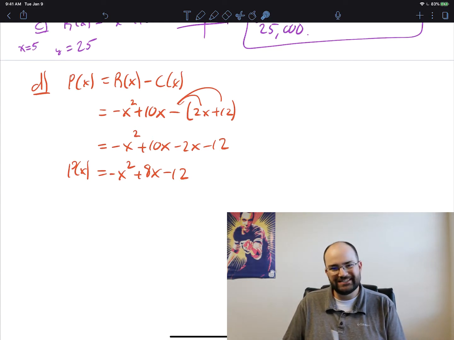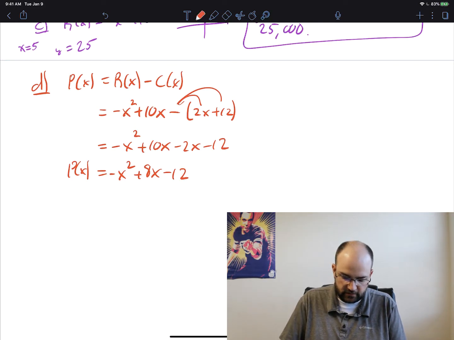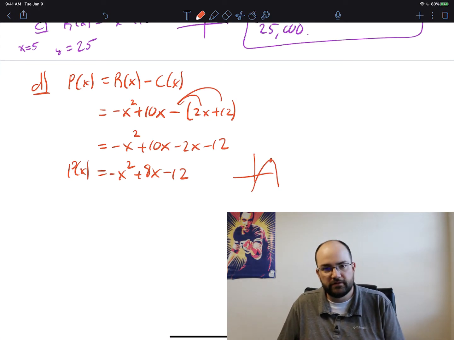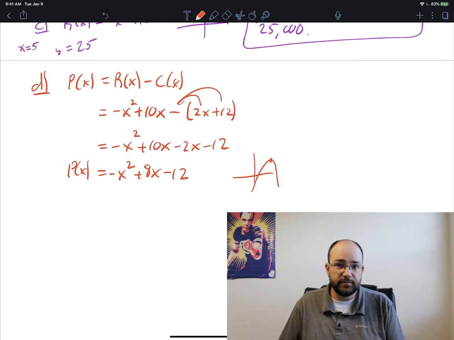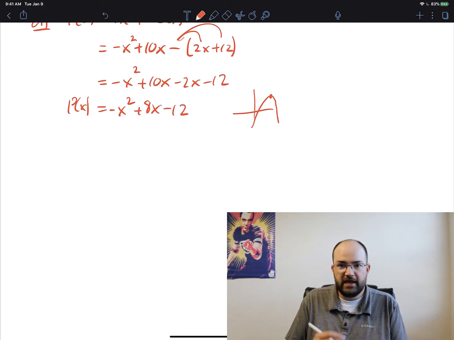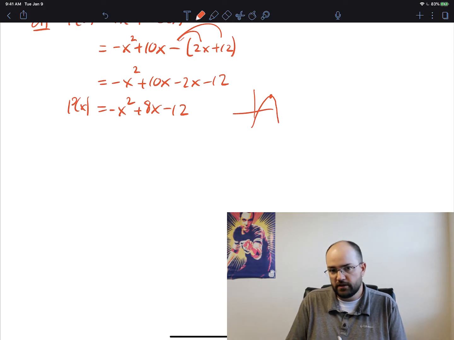But here, since it's a quadratic and the leading coefficient is negative, that means that it's going to look something like this, having a maximum point there. And that maximum is the vertex. So really what we want to do is find the vertex. The x-coordinate is where it occurs, the y-coordinate is what it is.